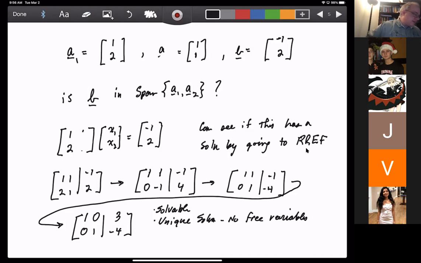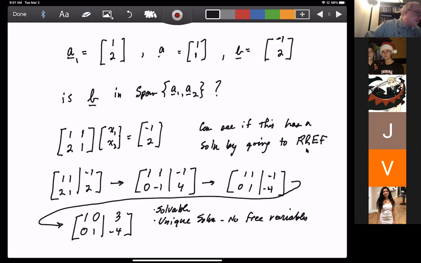So in fact, the solution of this linear system tells us exactly which particular linear combination of the column vectors we need to take. X1 is going to be 3, X2 is going to be -4.